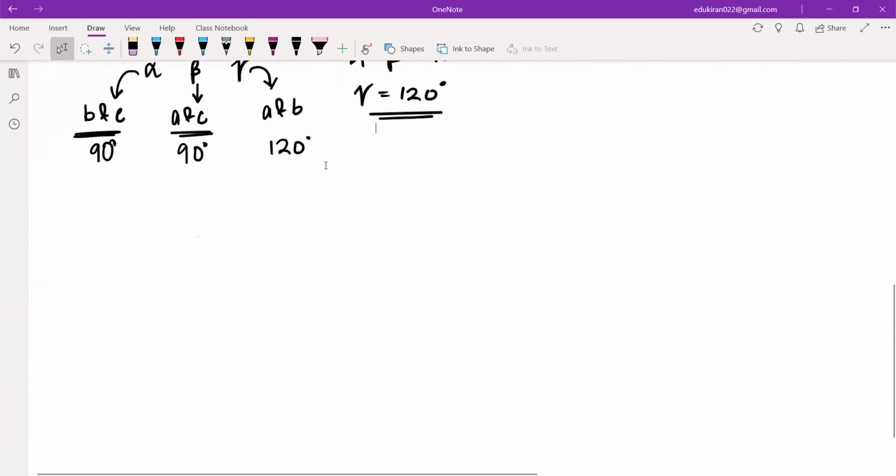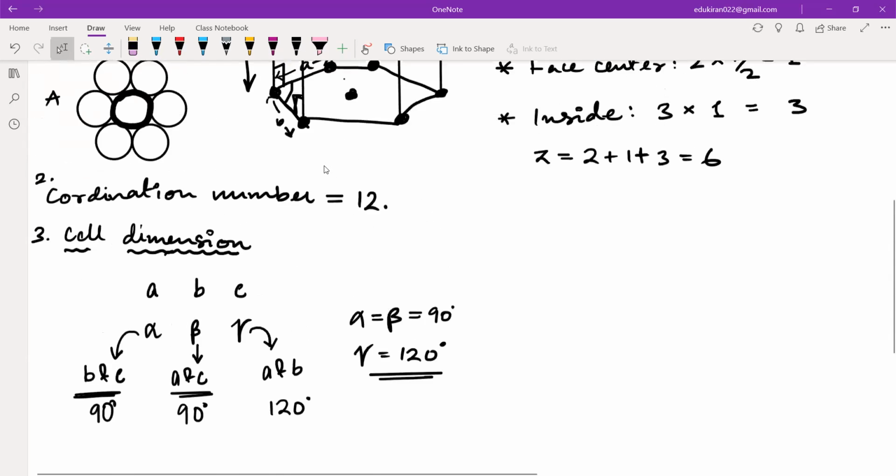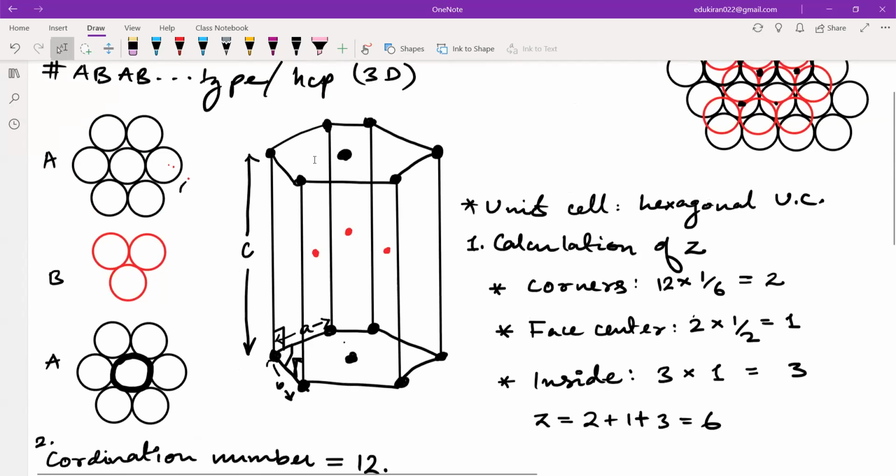Now the next thing is packing efficiency. Since we don't know, can you tell me what will be the volume of this hexagonal unit cell? One thing is for sure, don't try to remember it, because you have not learned it.